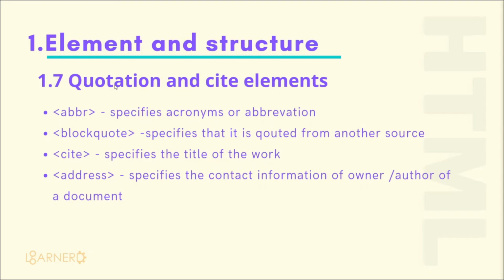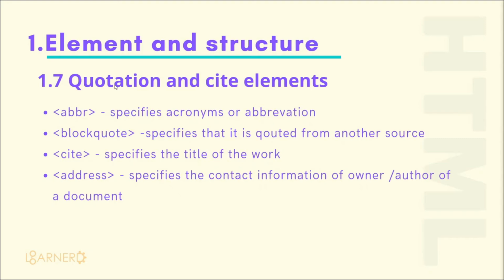It is used to specify the contact information of the owner or the author of the document. Like if I'm adding an address tag, and I'm adding the address information regarding my office, then it specifies that information of the owner or the author of that particular code.